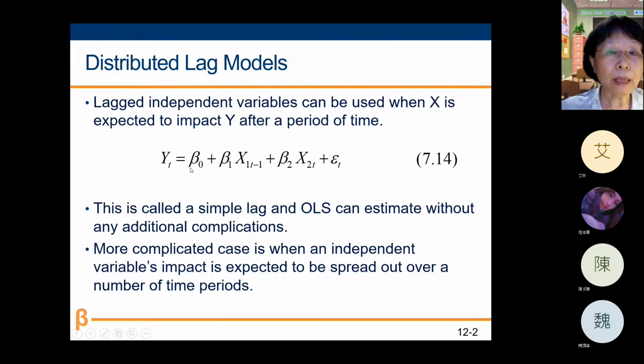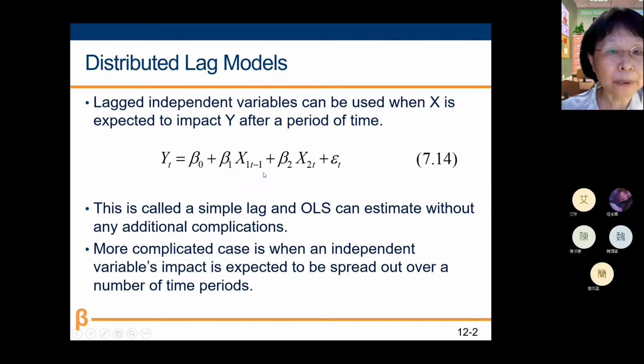I think we already mentioned this kind of model in chapter 7, but we just introduced it. Sometimes we have the x variable with a lag instead of the current period. Time series data we usually express as yt, where t means the time.